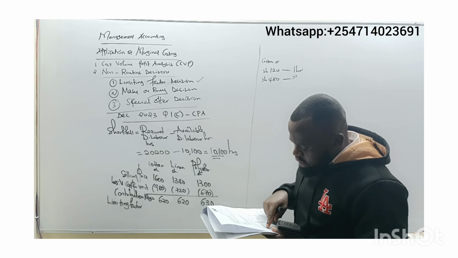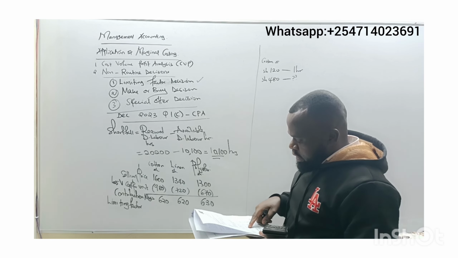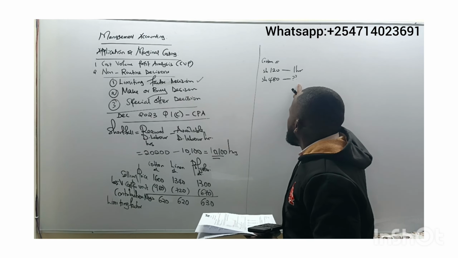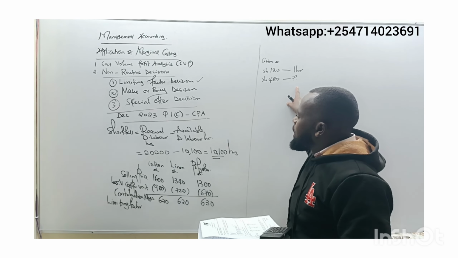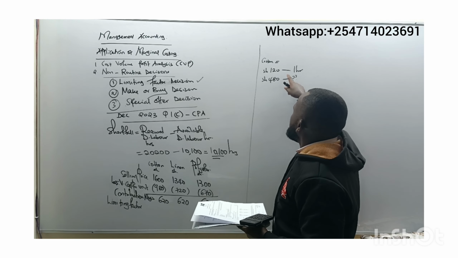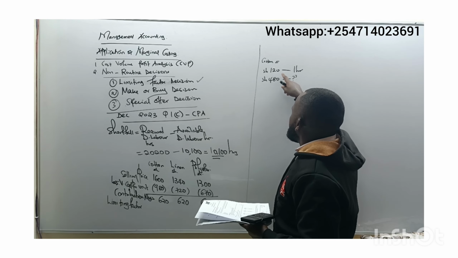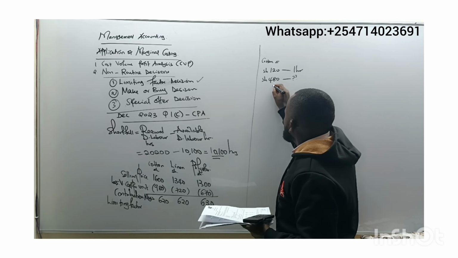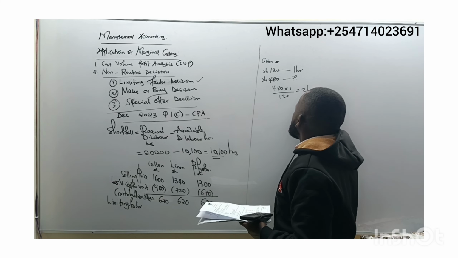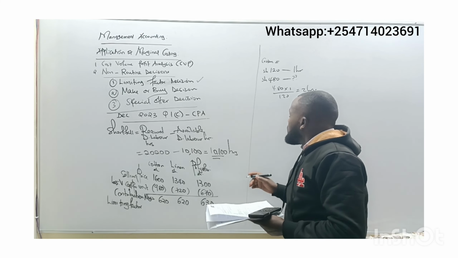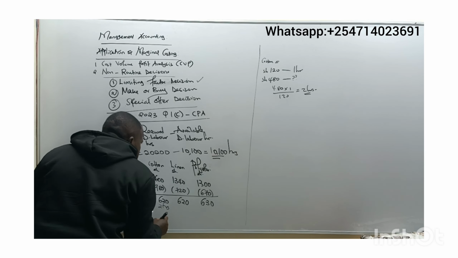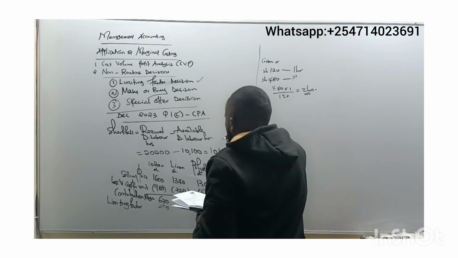Because we paid 480 for 1 unit, and 1 hour we pay 120, it should be 480 times 1 divided by 120, and roughly this is 2 hours. So we need 2 hours here for cotton.